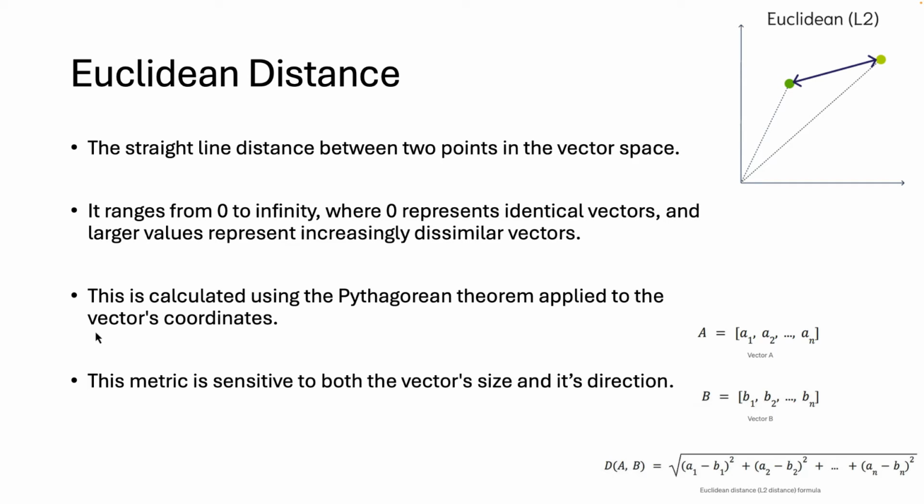The shorter the distance, the more closely they are related to each other, and the bigger the value, the less similar they are. We can see some of the mathematical functions there, but you don't have to do those calculations. That's automatically done within the database for you without you having to worry about it.